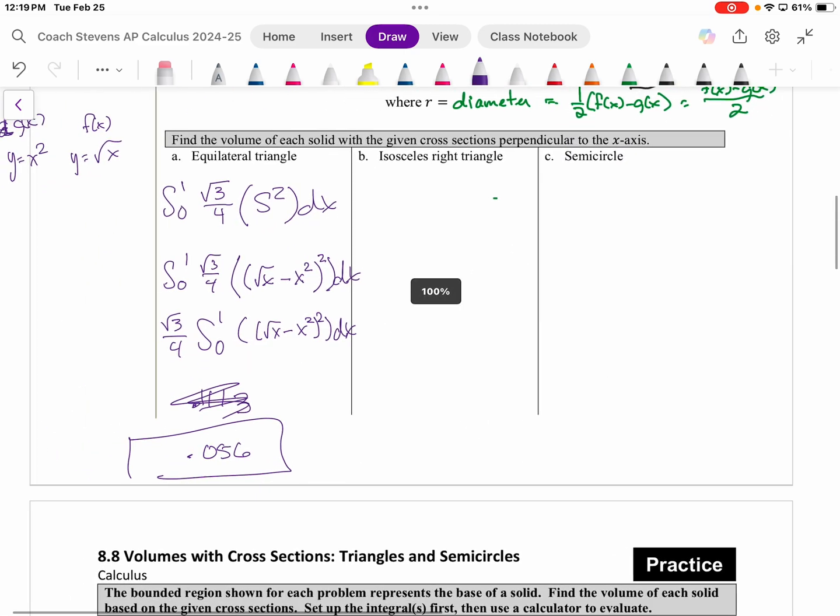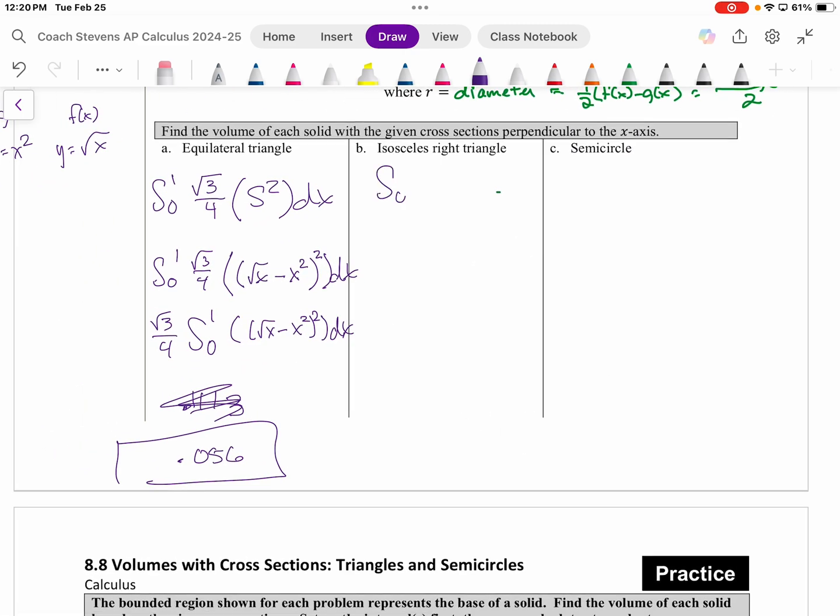With that in mind, the integral from 0 to 1 is 1/2 the side length squared dx. So the integral from 0 to 1 of 1/2 times the quantity square root of x minus x squared, dx. Now I'm just going to pull the 1/2 out front and type that in.